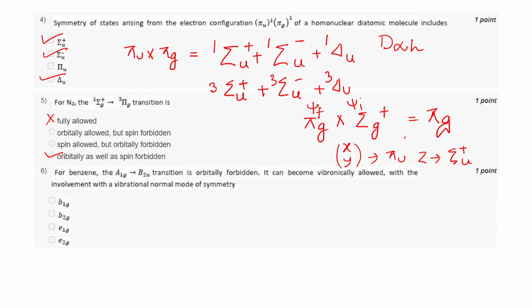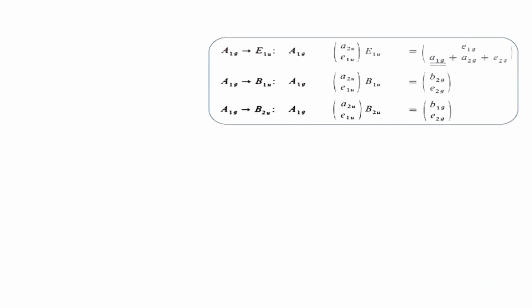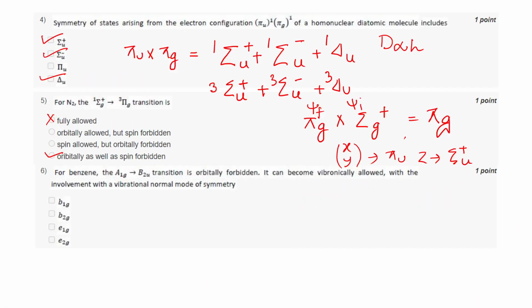Now question number 6 for benzene. A1g to B2u transition is orbitally forbidden. It can become vibronically allowed with the involvement of a vibrational normal mode of symmetry. Let us see. 1A1g to B1u, B2g and E2g, right?